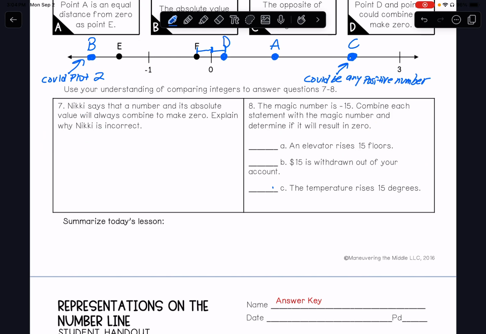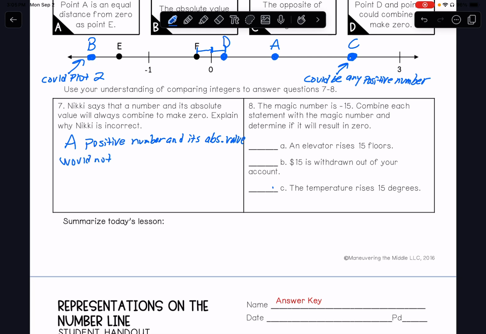So we can explain that as: a positive number and its absolute value (I'm going to abbreviate absolute value as just ABS) would not combine to make 0. An example of that would be 2 plus the absolute value of 2 is equal to 4, right?